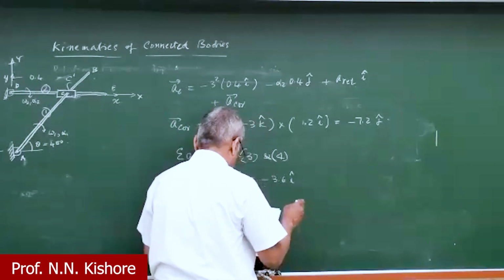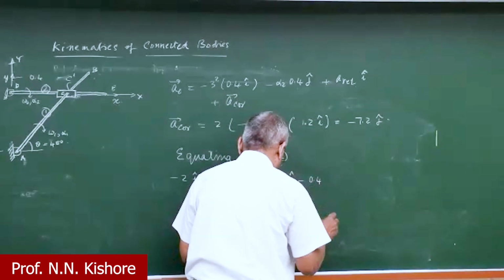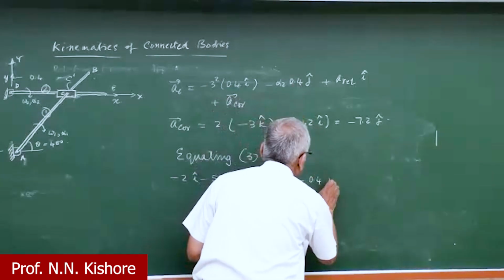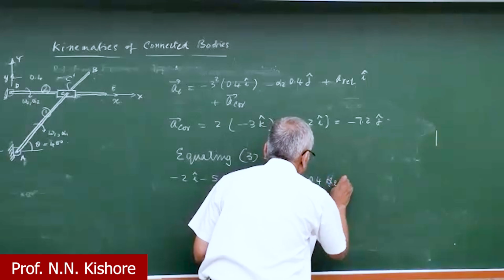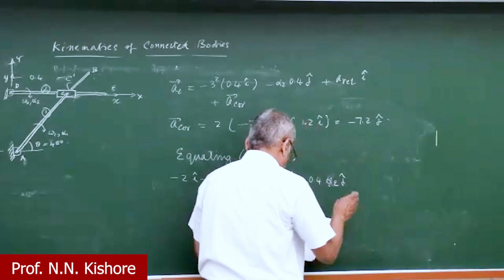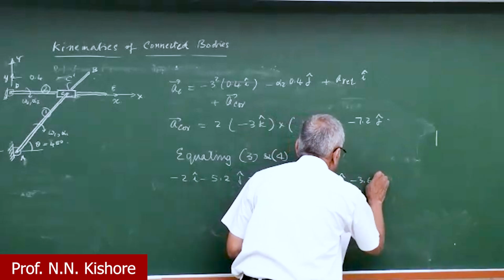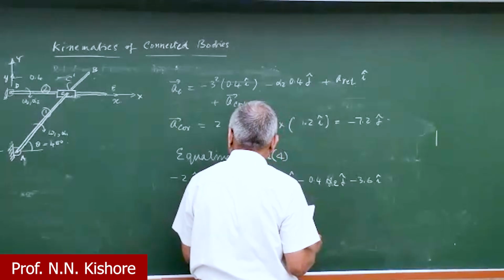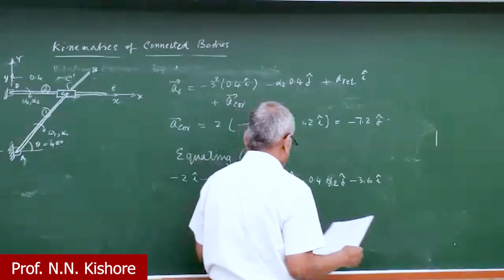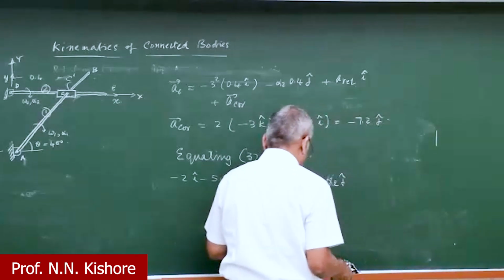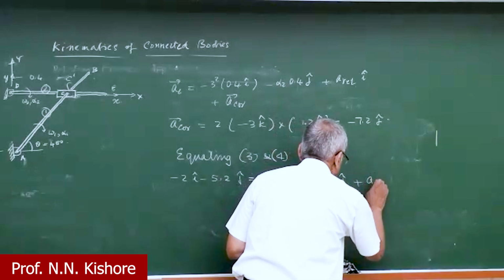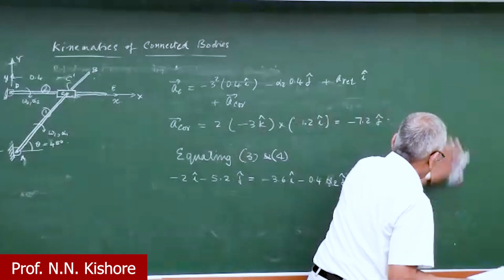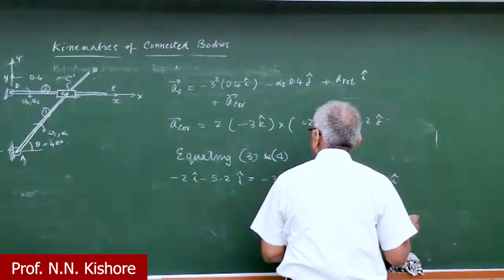And alpha 2 is minus 0.4 J for alpha 2 J and minus 3.6 I here, right? I'm sorry, that's all. Oh, that's done. And A rel and Coriolis is 7.2.